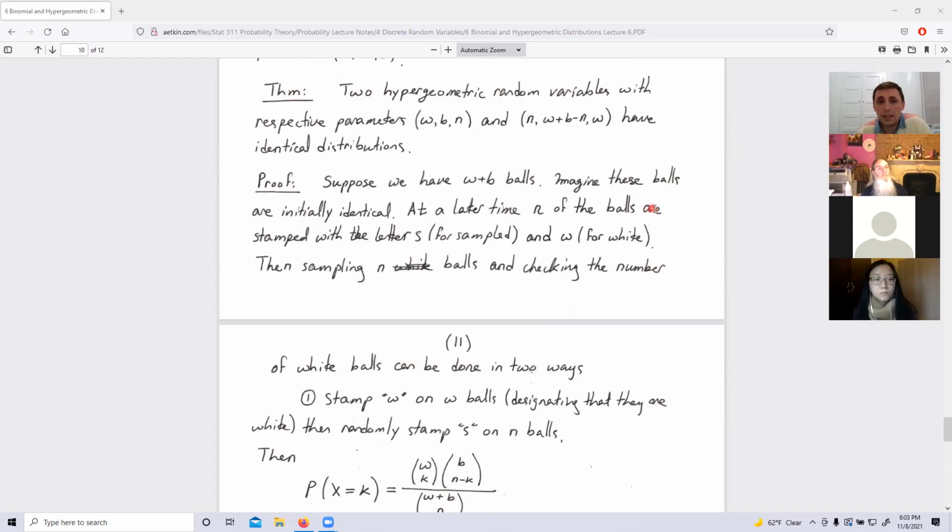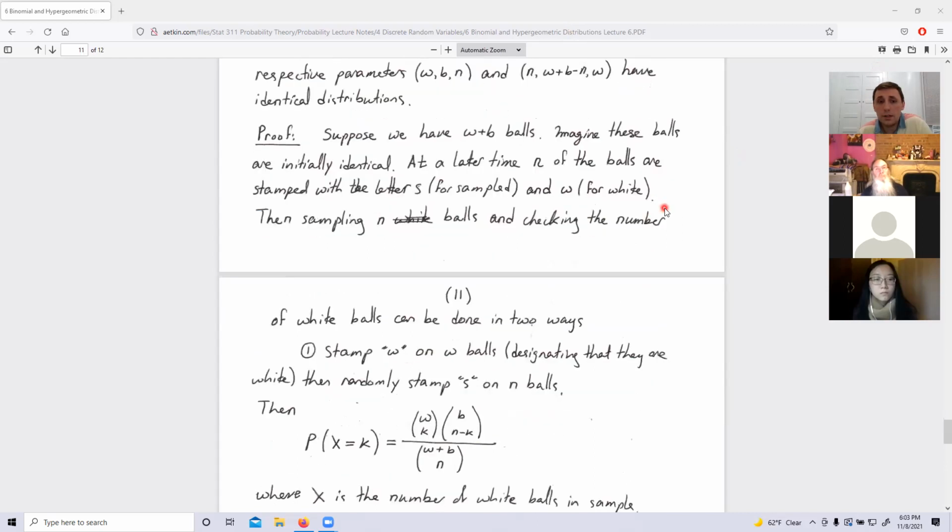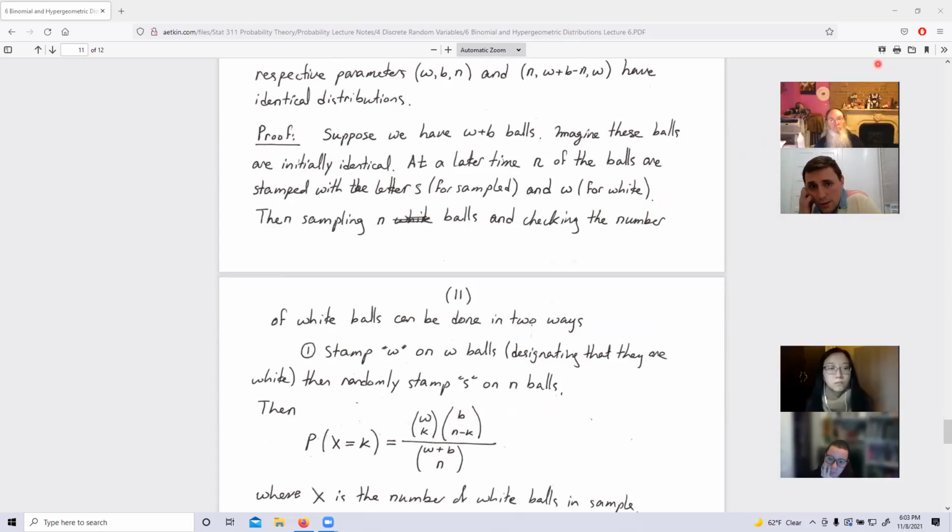What I mean by that is the following. Imagine the balls that you sample. You can imagine two ways of what happens to them. Imagine that they are being produced in a factory, and in the factory, they are labeled with two tags.